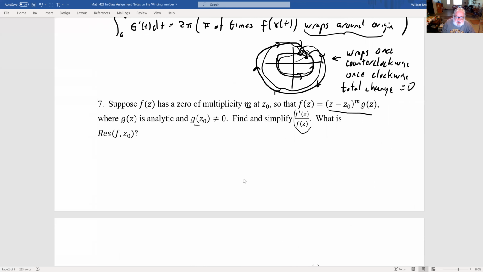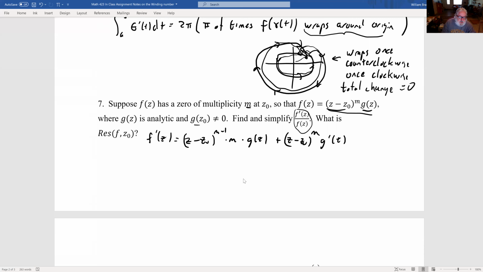So what is f prime over f? Well, f prime, using the product rule, is: differentiate the z minus z0 to the m, and then differentiate the g of z.